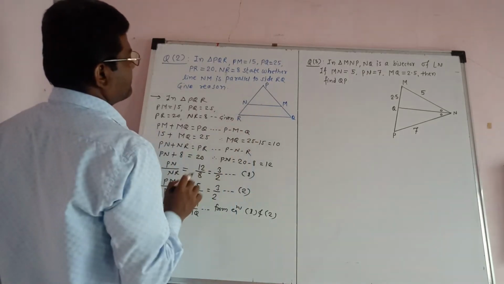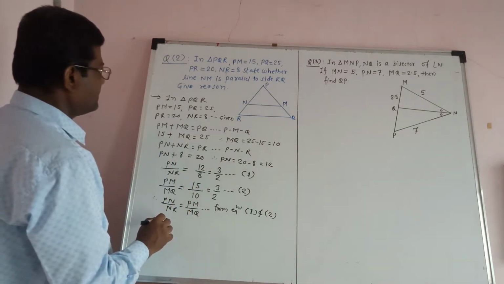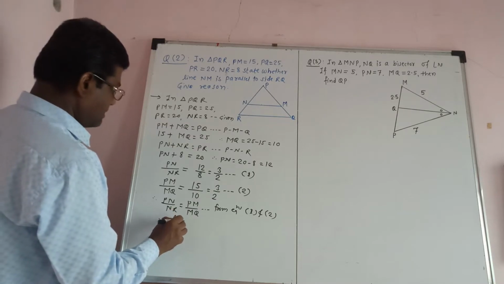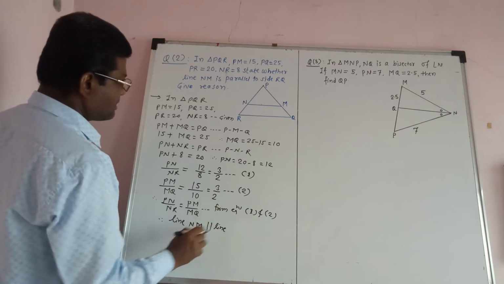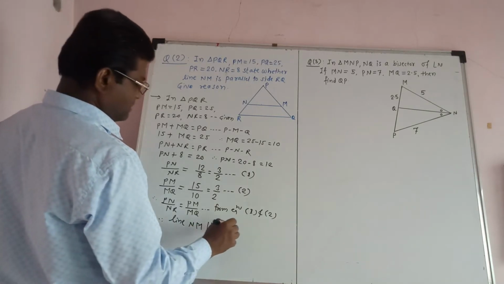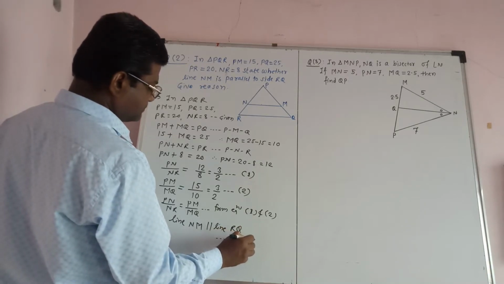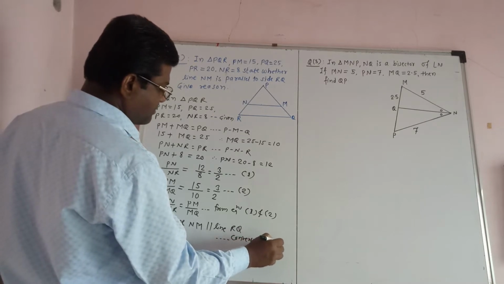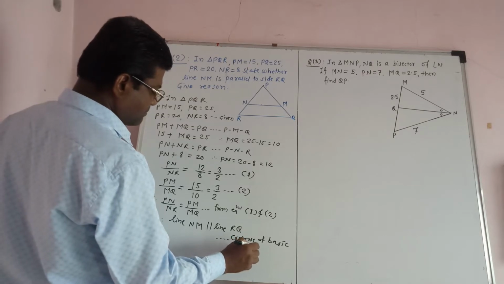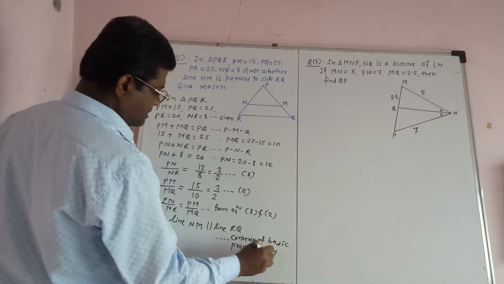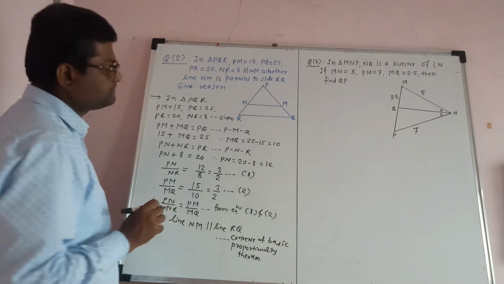Therefore NM is parallel to RQ. Therefore we write line NM parallel to line RQ, and the reason is the converse of the basic proportionality theorem.